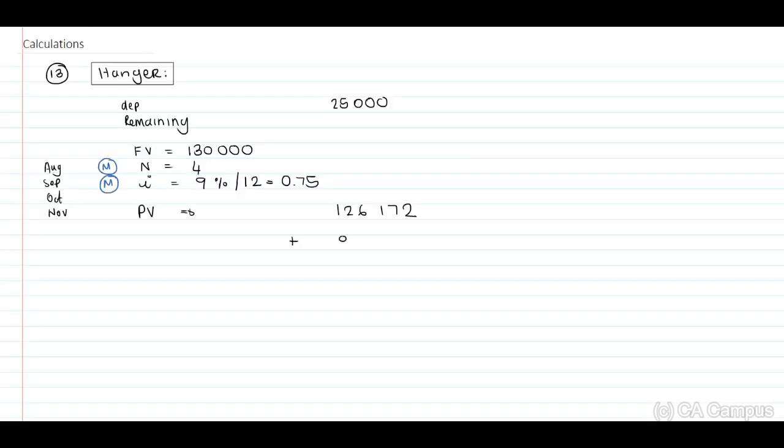Therefore, plus 80,000 plus 650,000, and our total costs to capitalize will be an amount of 881,172. Again, guys, let's immediately transfer this to our PPE note.